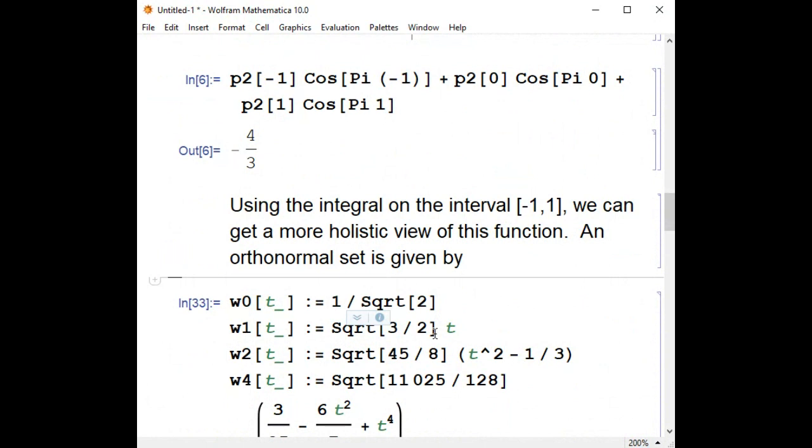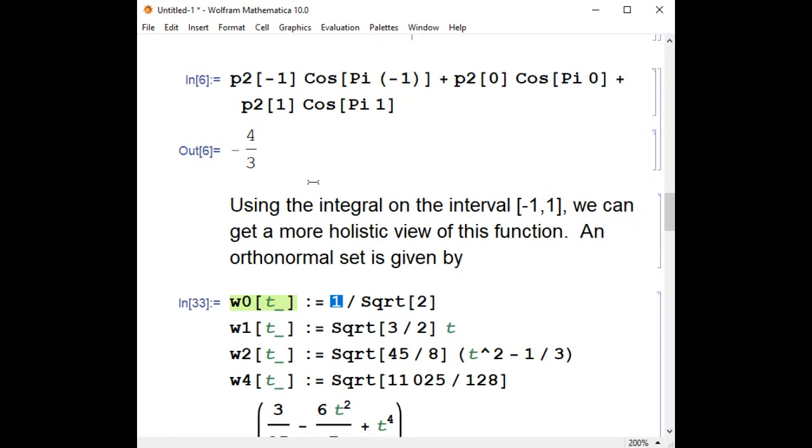The integral from -1 to 1 of t times itself dt is 2 times 1/3, or 2/3. So I divide by that or multiply by the square root of its reciprocal. I didn't have to worry about subtracting there because t is an odd function, 1 is an even function. So the inner product of 1 with t is automatically 0.